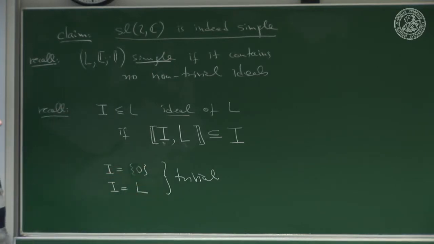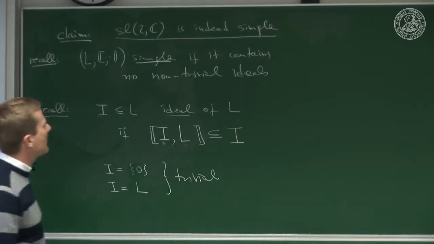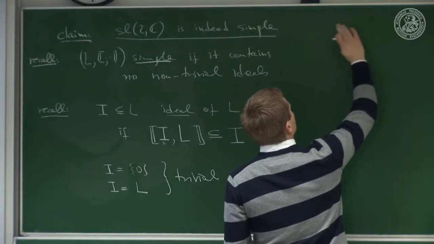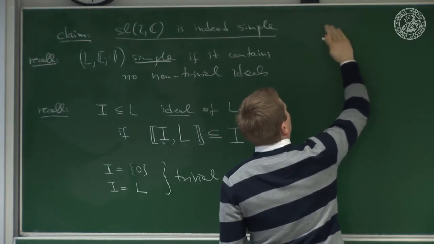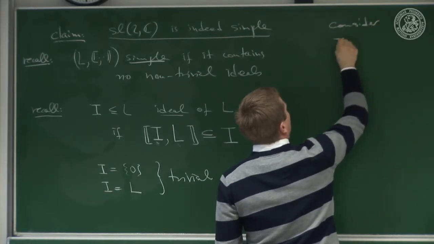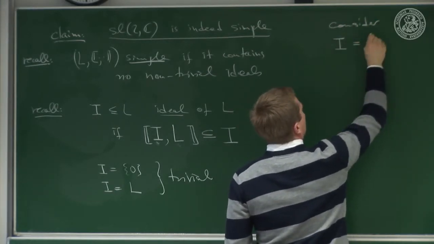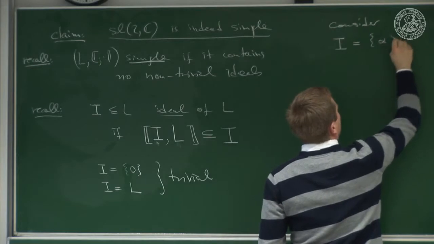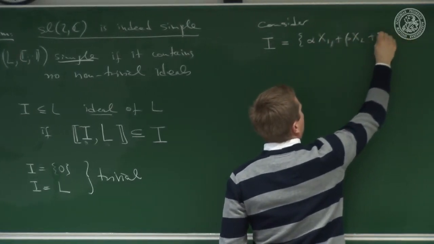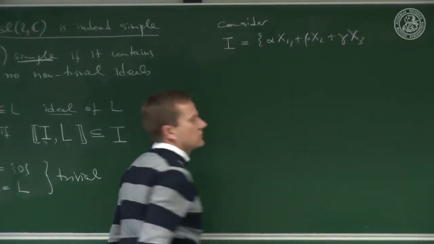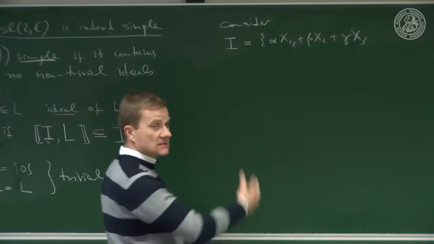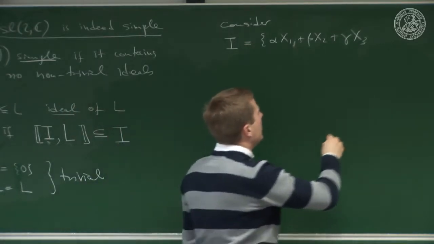So now how do we check this in practice? Because we have to show there are no such ideals. Well, consider a set I that consists of alpha x1 plus beta x2 plus gamma x3. So far arbitrary linear combinations of our basis we have here.